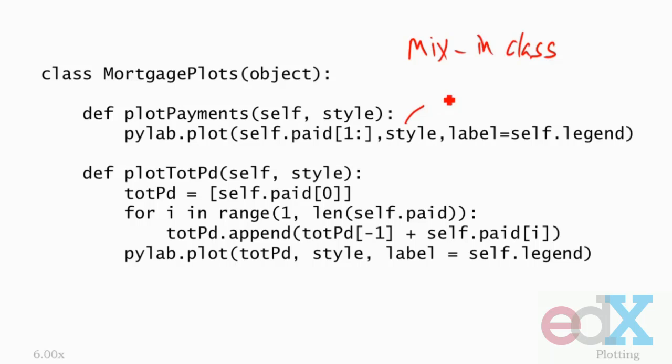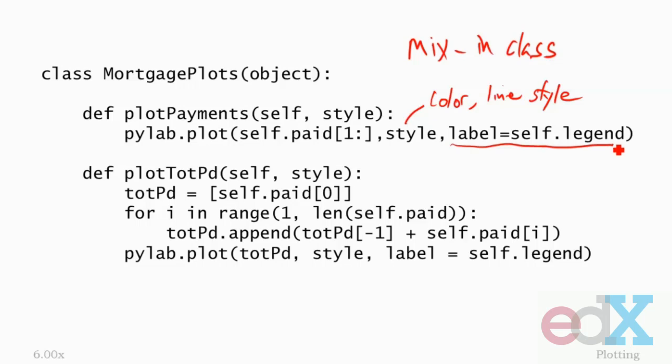Remember, we looked at that last time. That includes things like color and line style, and a label. We have not looked at that before, which will be in the key. We've made both the style and the label formal parameters to the function plot payments. We'll later see how those are used.